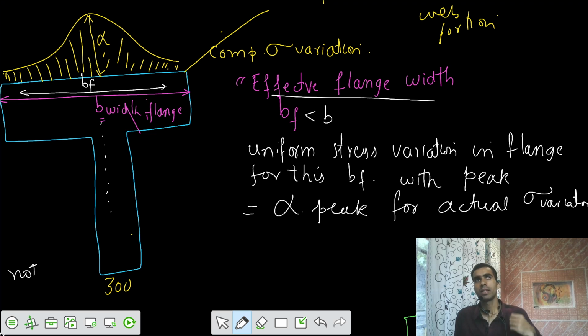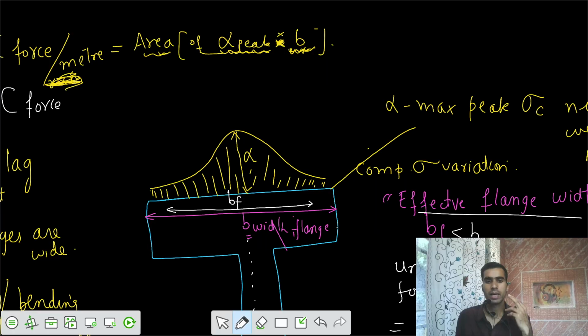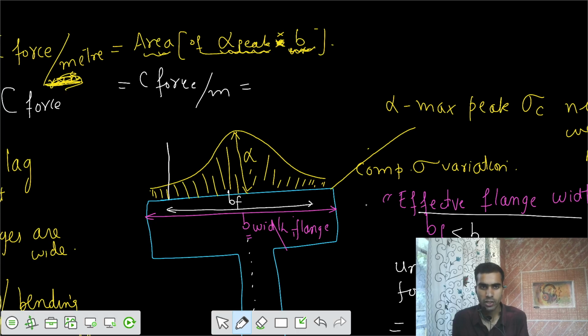And we say that the total force that was actually developed because of the curved area under that curve, with a peak of alpha and a width of B, the same force should be developed in that smaller BF also. That should equal the C force because of the area per meter, where we have a rectangular variation such that the peak stress is also alpha for the entire width.